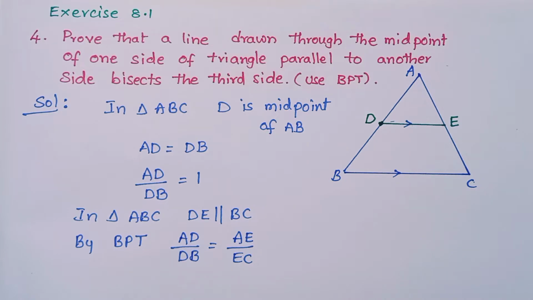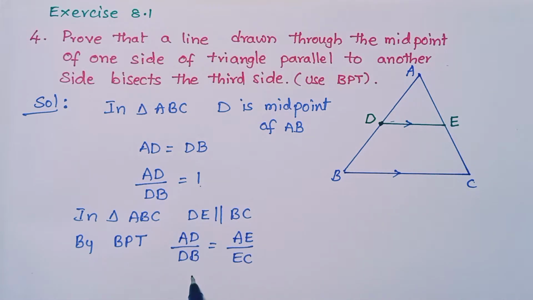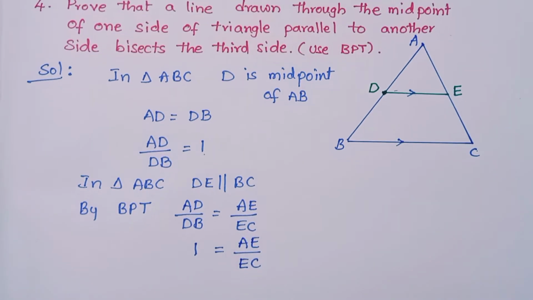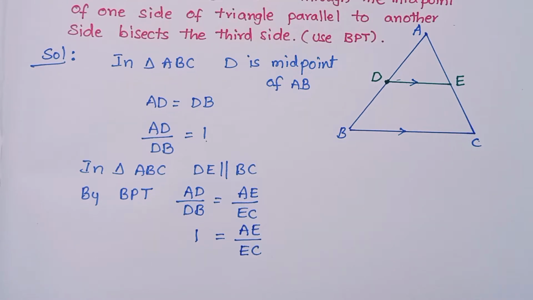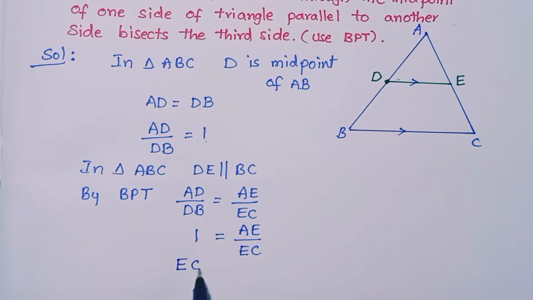Since AD by DB is equal to 1, we can substitute here 1 is equal to AE by EC. Then if you take this EC to the left hand side, it will multiply. So EC into 1 is equal to EC. EC is equal to AE.